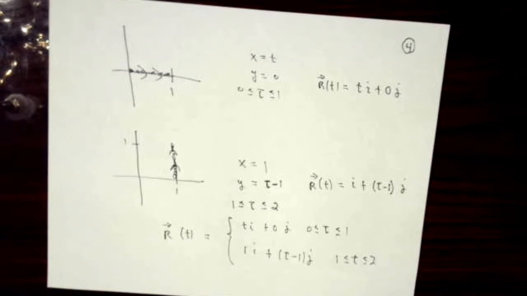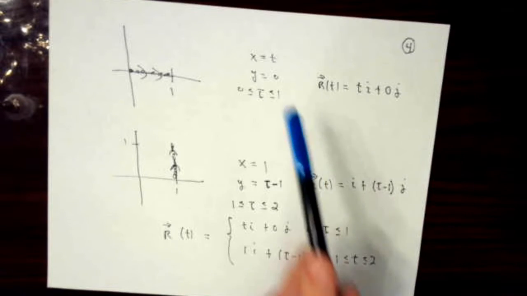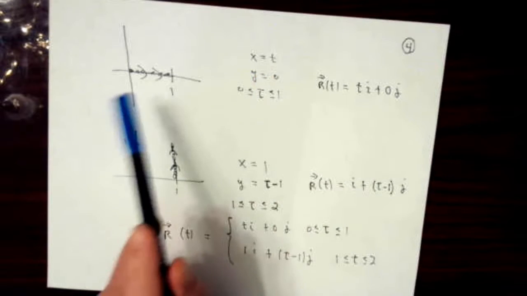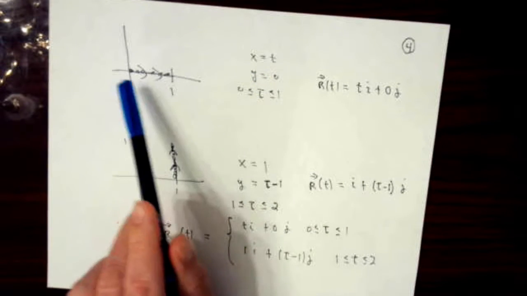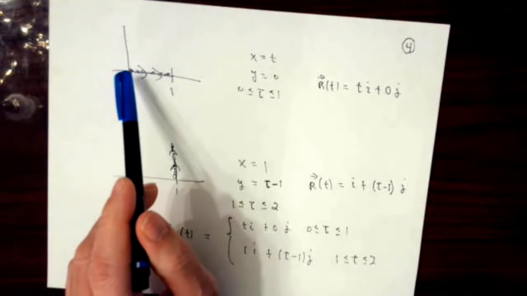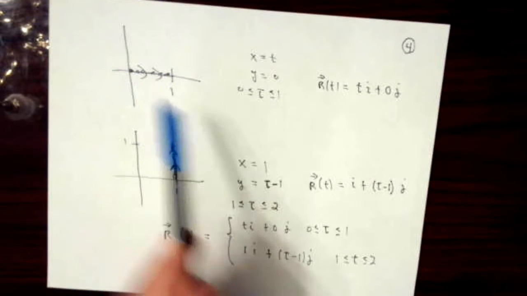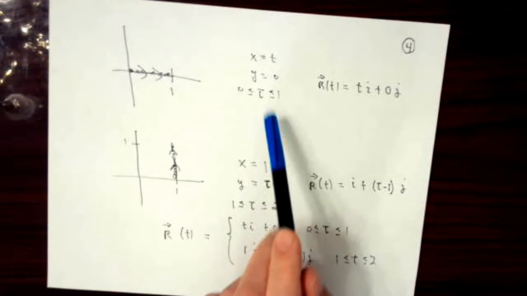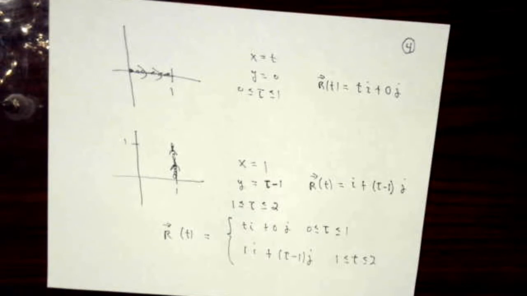For the first piece, since I'm traveling parallel to the x-axis, in fact, I'm on the x-axis, it makes sense to use x as the parameter. So I'll set x equal to t. For this part of my curve, the y coordinate is always 0. The x's range from 0 to 1, so I'll want my t values, which are x values, to range from 0 to 1 as well.